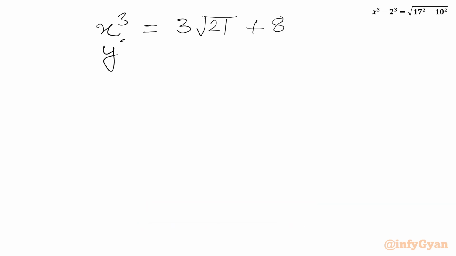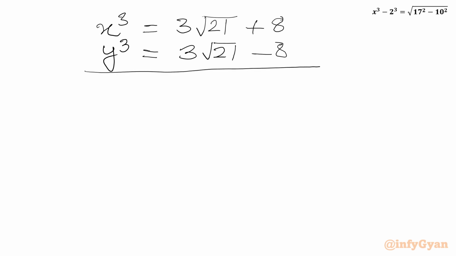Now I will consider the conjugate of x cube, which will be equal to 3 square root 21 minus 8. Now I will subtract second equation from first one. So x cube minus y cube, this will be equal to 16.